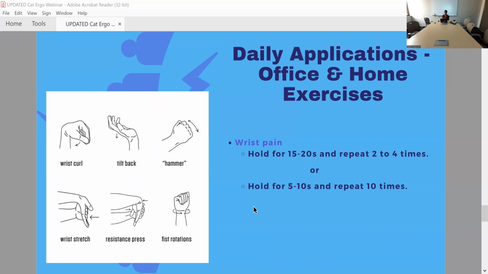So you can choose any one that you prefer, but I'll personally be doing the wrist curl and the tilt back stretch. So just follow me. So for 10 seconds, we're gonna hold it here. The wrist curl.